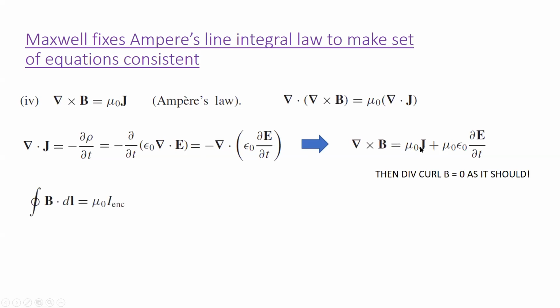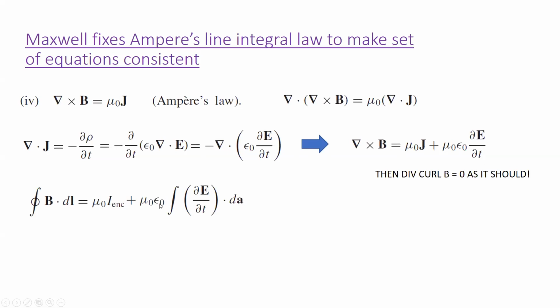So we can write this in integral form as the line integral of B is equal to mu naught I plus mu naught epsilon naught times the surface integral of dE dt dot dA.